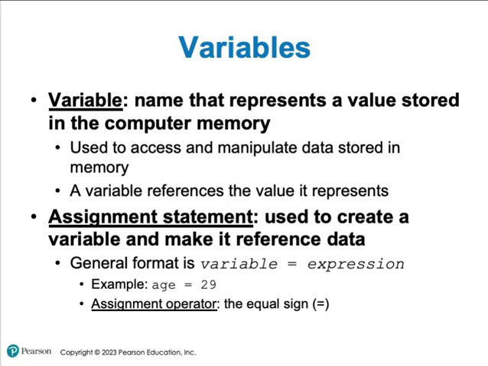And I told students that they should kind of think about, or get used to thinking of, the equal sign as get set to. So in this example, age equals 29, or age gets set to 29. The equal sign used in this context is referred to as an assignment operator.